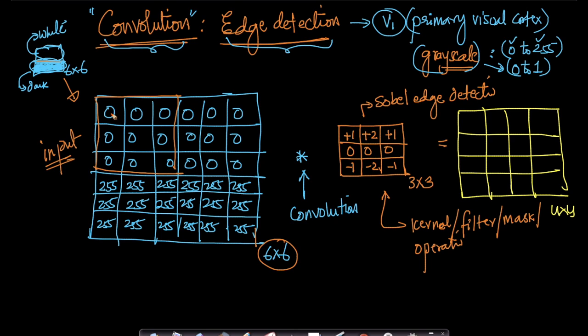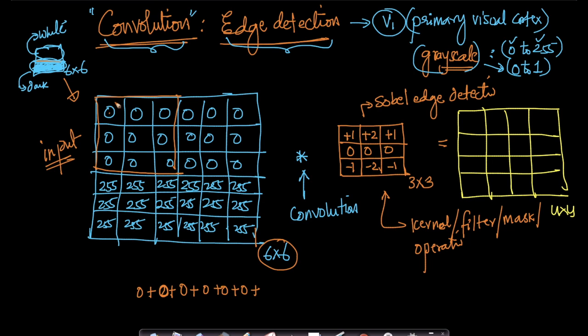So multiply corresponding cells. 0 multiplied by +1 is 0. All three are zeros. So it will be 0 plus 0 plus 0. What about this? 0 multiplied by -1 is 0, 0 multiplied by -2 is 0, 0 multiplied by -1 is 0.